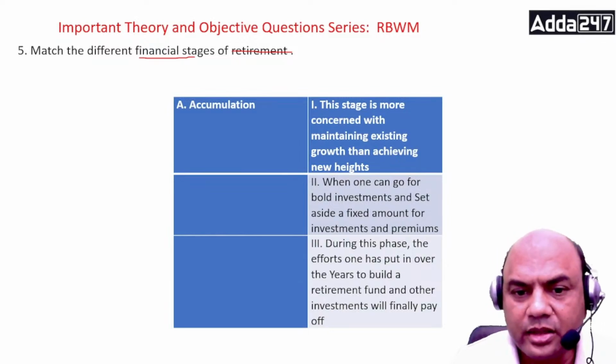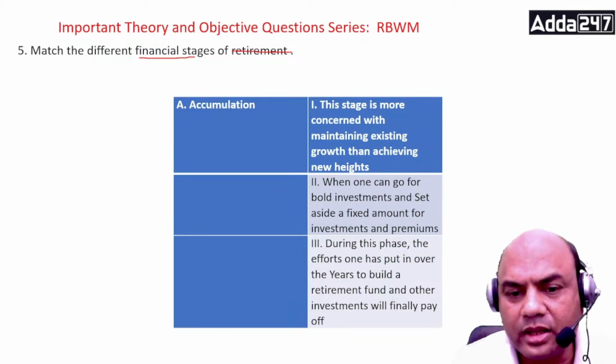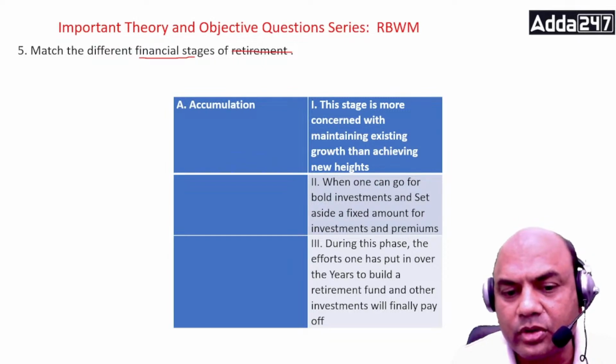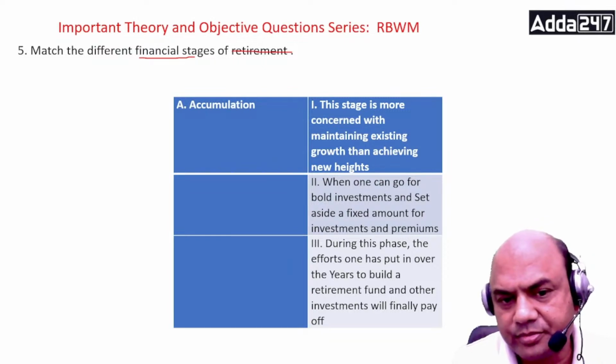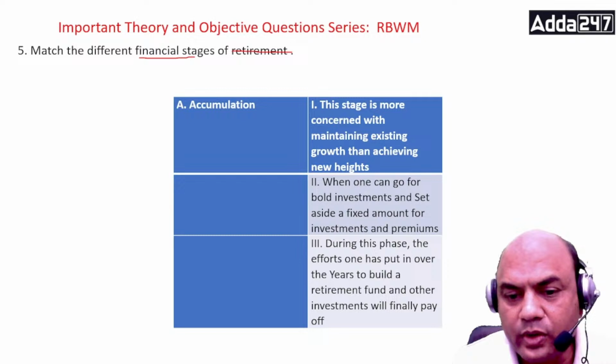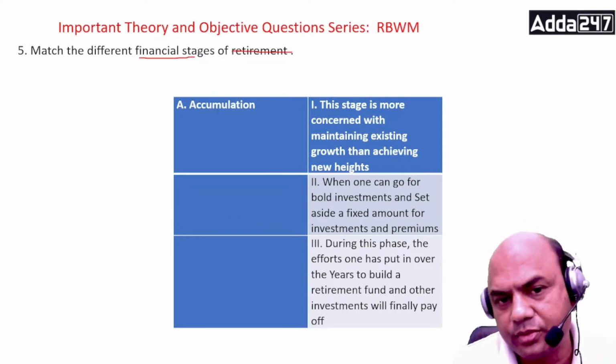Number 2: when one can go for bold investments and set aside a fixed amount for investment and premiums. During this phase, the efforts one has put in over the years to build a retirement fund and other investments will finally pay off.